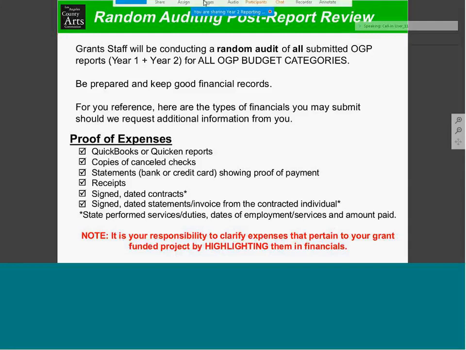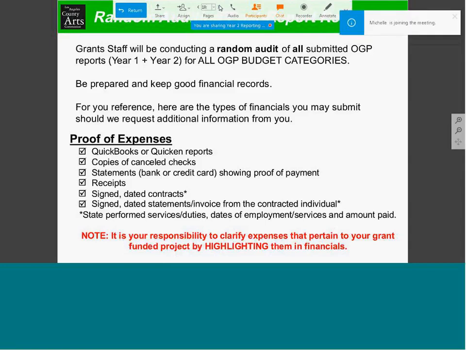A reminder to you all that for any of these statements, whether they be QuickBooks, receipts, or any of them listed here, it is your responsibility to highlight the specific expenses that have been made in support of the grant-funded project. It is time consuming for us to negotiate which elements of the financials you submit are in support of your project, so we really appreciate you doing that.